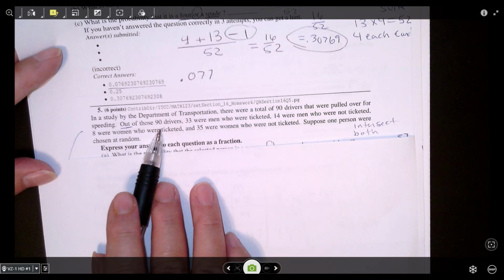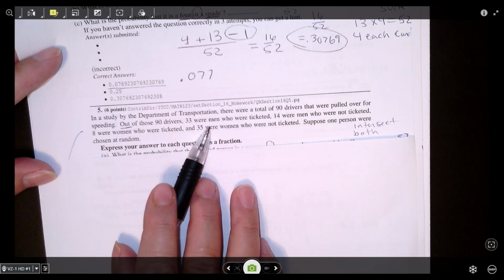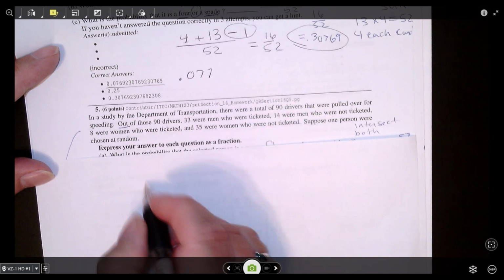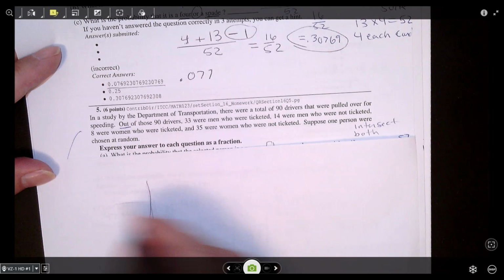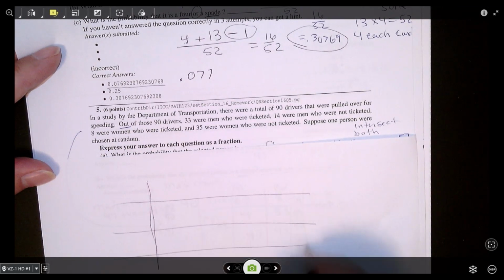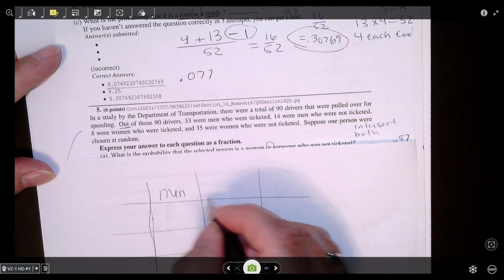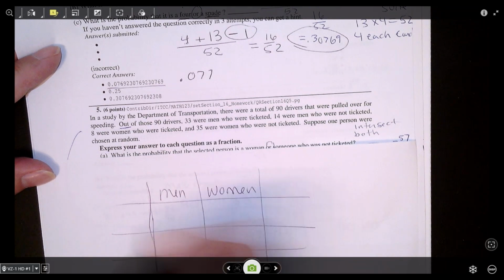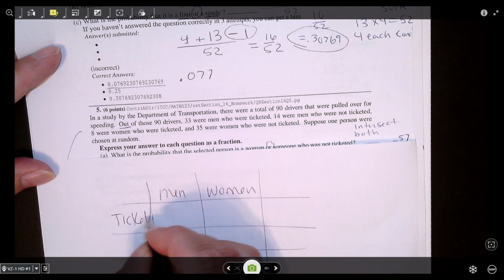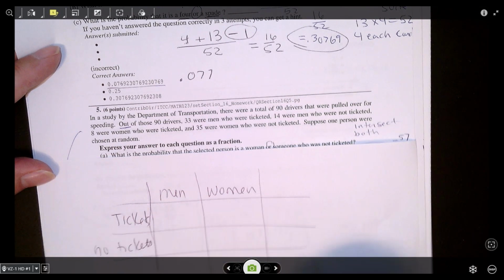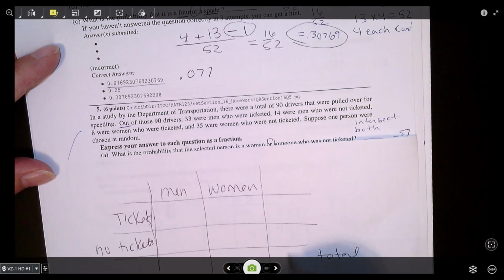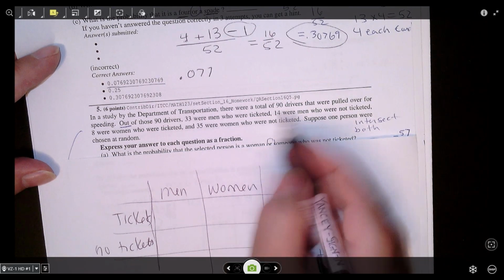Out of the 90 drivers, there were men and women, and some got tickets and some didn't. So we had men, women, they got tickets, no tickets. And we had a total of 90. So you just have to break it all down.